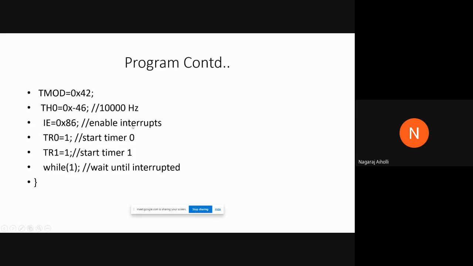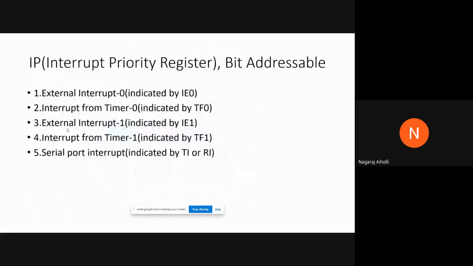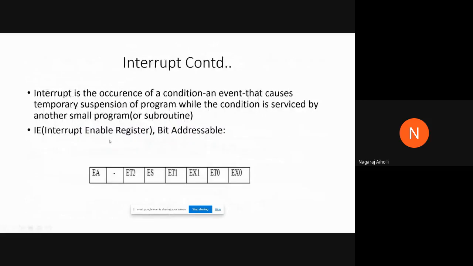This is to enable the interrupts. If we look at the IE register, 86 is the value in the IE register. 8 is 1000: enable all is 1. Then 6 is 0110. We are using external interrupt 1, so EX1 is 1. We are also using timer 0 interrupt, so ET0 is also 1.